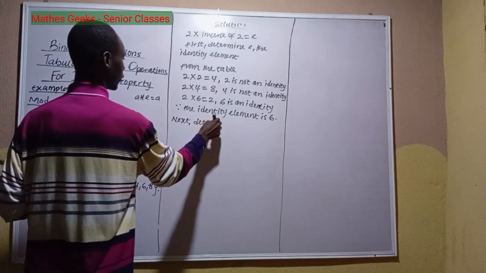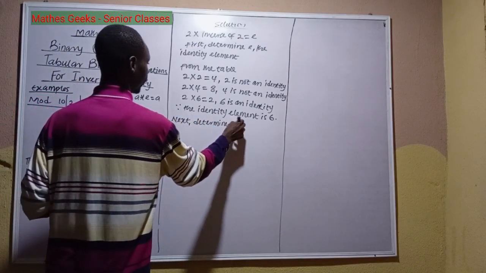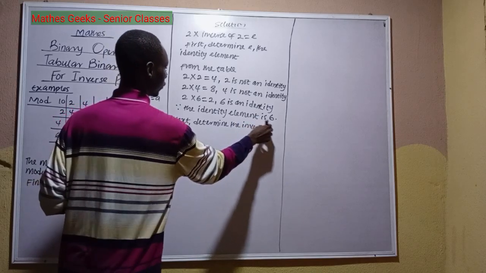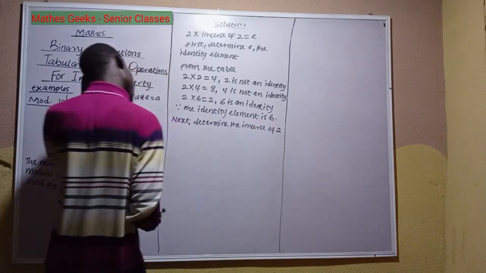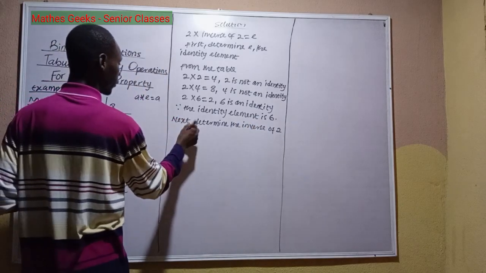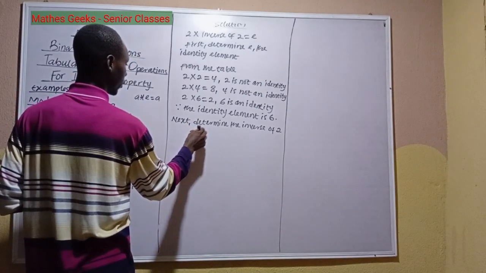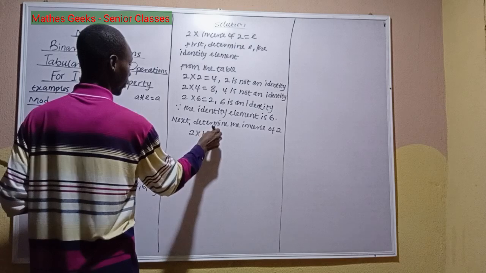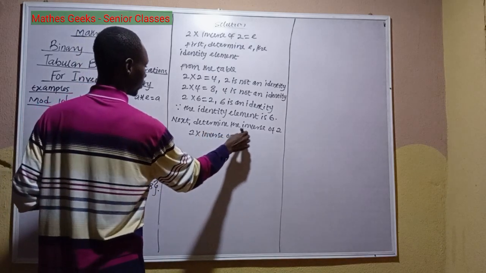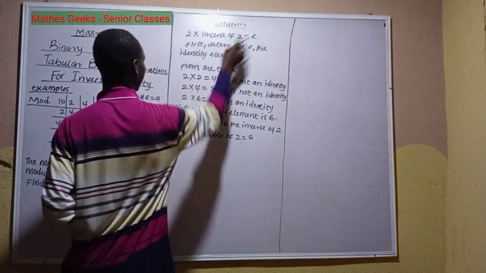So next, determine the inverse of 2. To determine the inverse of 2, we need 2 multiplied by the inverse of 2 to be equal to 6, which is the identity element.